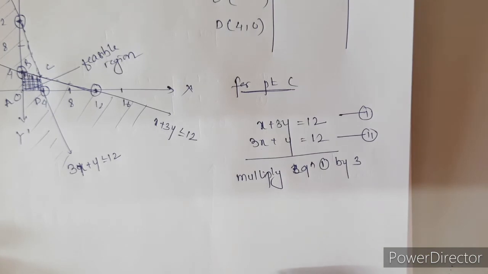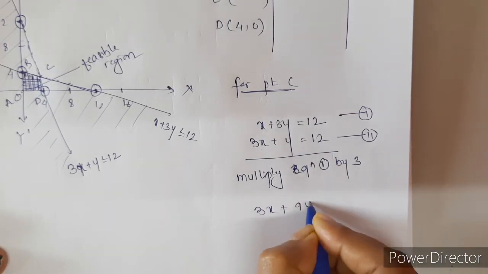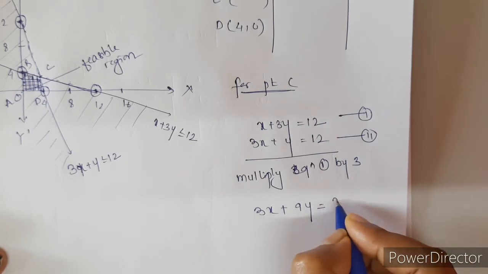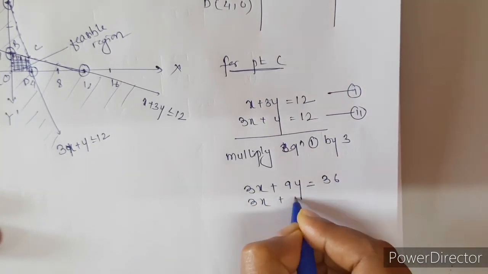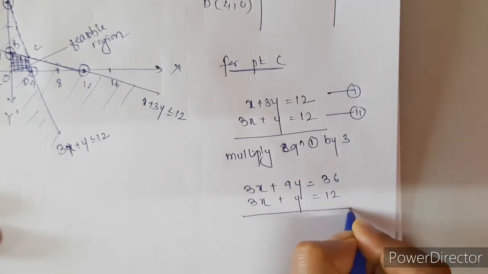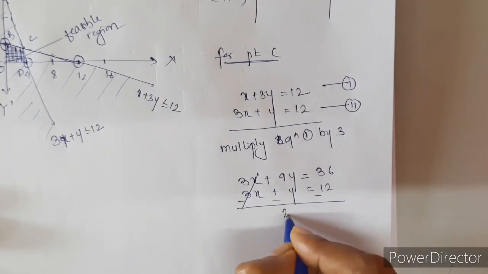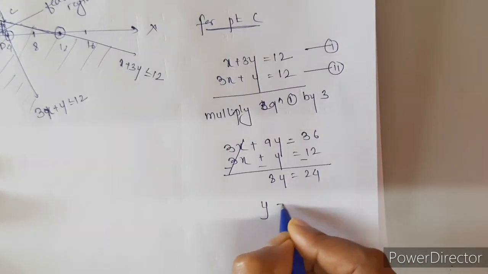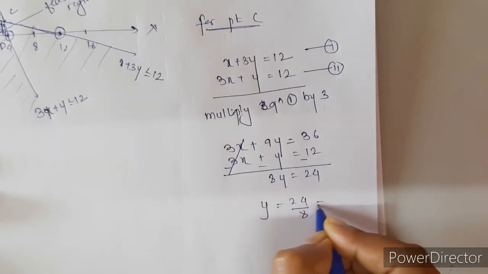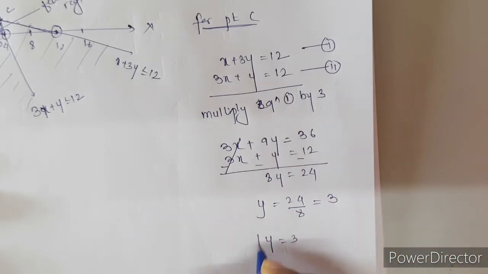So this will be 3x plus 9y equals 36, right? And here we have 3x plus y equals 12. So with the negative sign, the 3x will get cancelled. Here we have 8y, and 36 minus 12 is 24. So the value of y is 24 by 8, so y is 3.